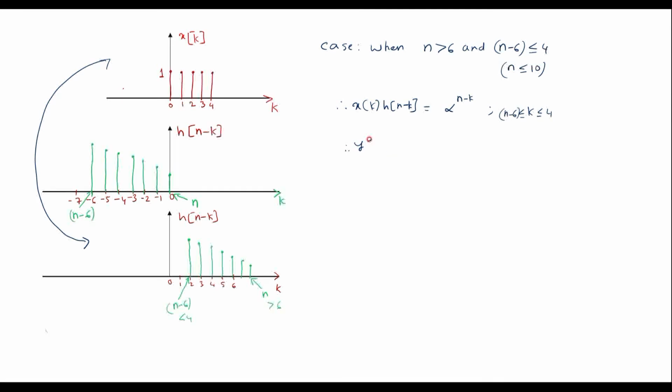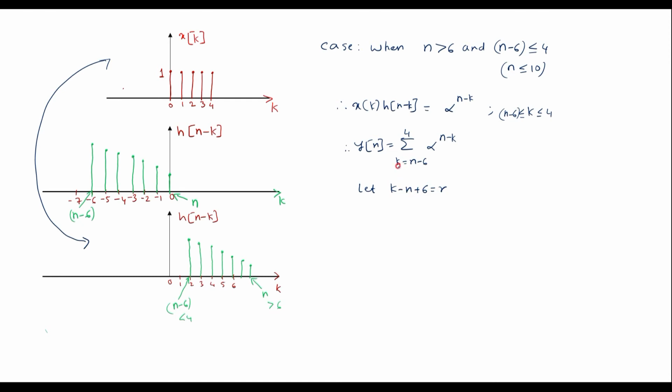Therefore, y of n is equal to summation k varies from n minus 6 to 4 alpha power n minus k. Now I will try to bring it to standard form. Let k minus n plus 6 is equal to r.